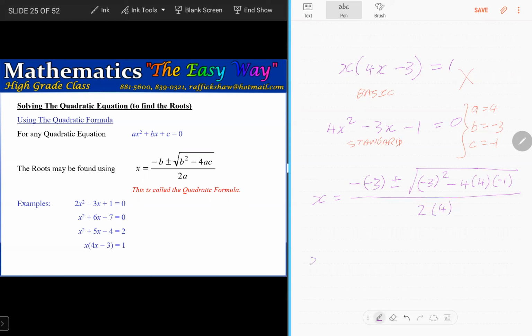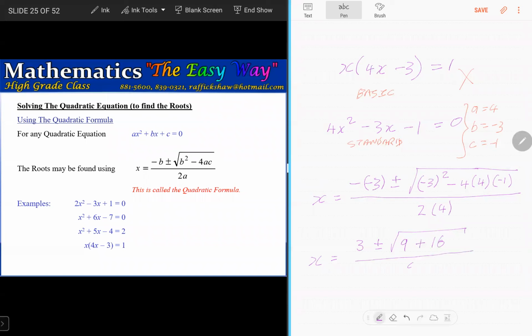Write down the values. x equals minus minus 3, so plus 3, plus or minus the square root. Negative 3 squared is positive 9. Then minus 4 times 4 is negative 16, negative 16 times negative 1 becomes a positive 16.